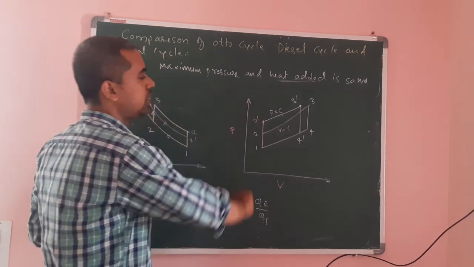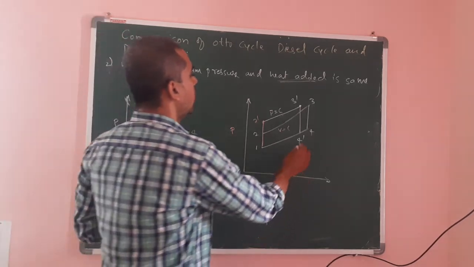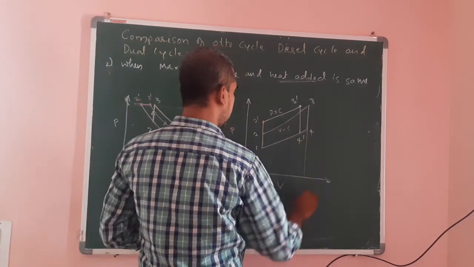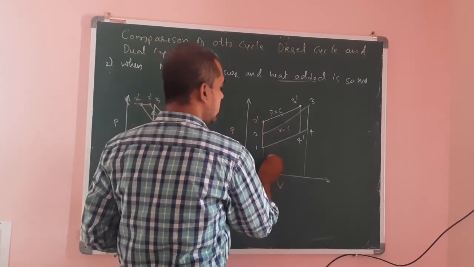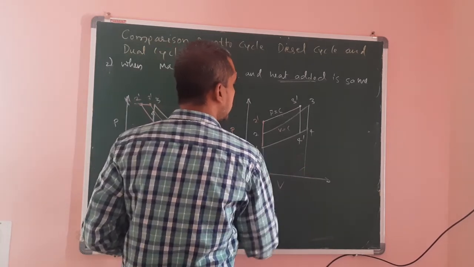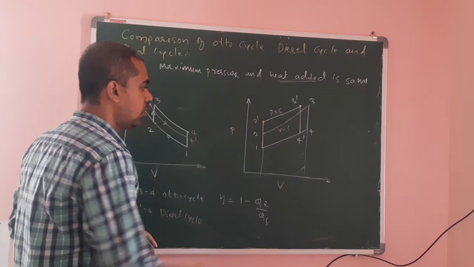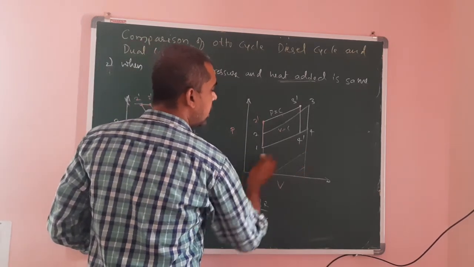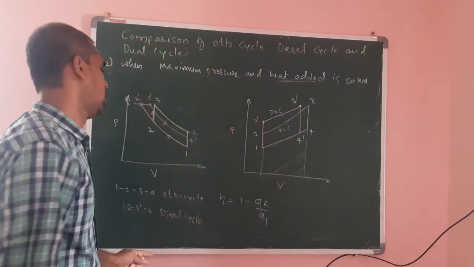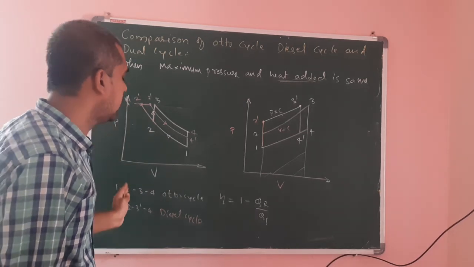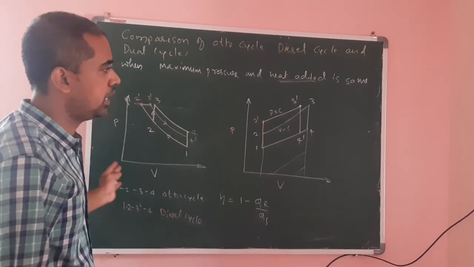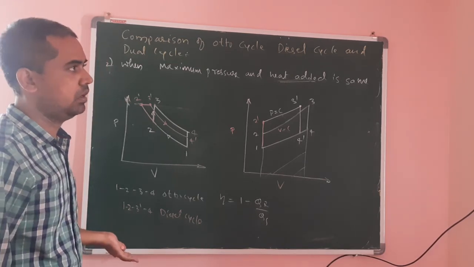Here for this case you can see what the heat rejected is. QS remains constant. QR is the area under the curve 1 to 4 dash. Area under the curve 1 to 4 is more, that is, heat rejected for the Otto cycle is more compared to the diesel cycle.